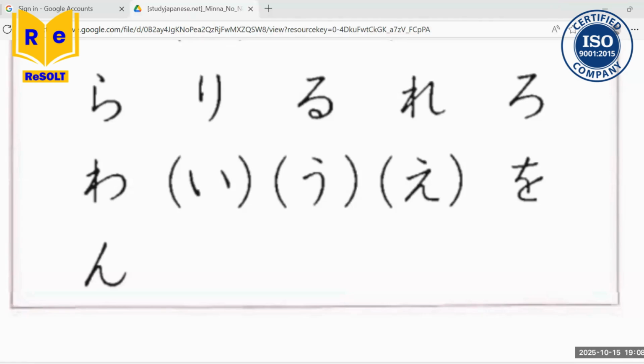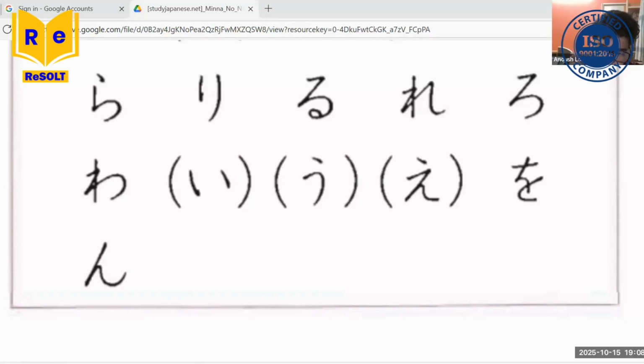I'm showing this word. Are you able to see the word? Which word? 1 minute. Okay, wait. See in chat, I've written a word. Can you read it?